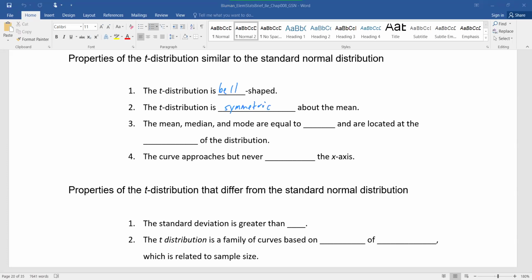And the mean, median, and mode are equal to 0 and are located at the center of the distribution. And the curve approaches but never touches the x-axis. I feel like we've written these notes out before.